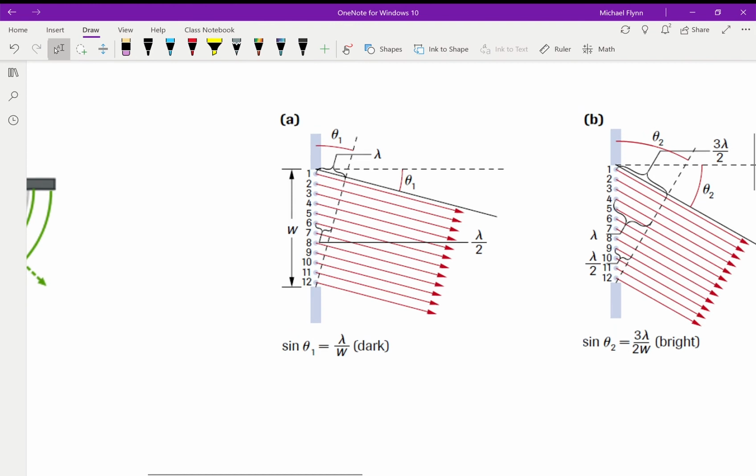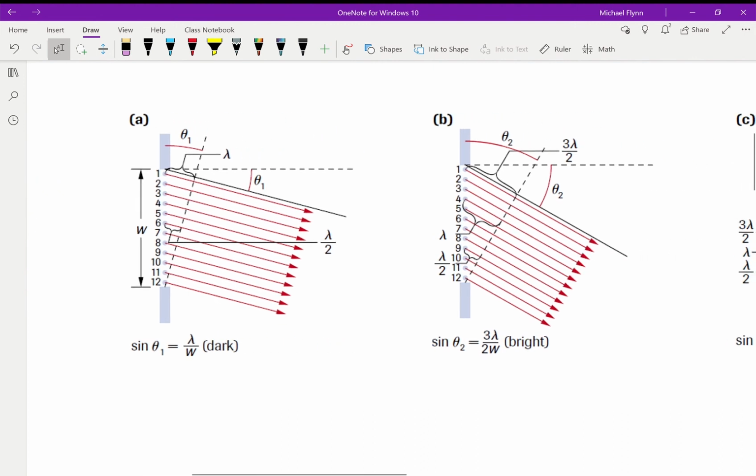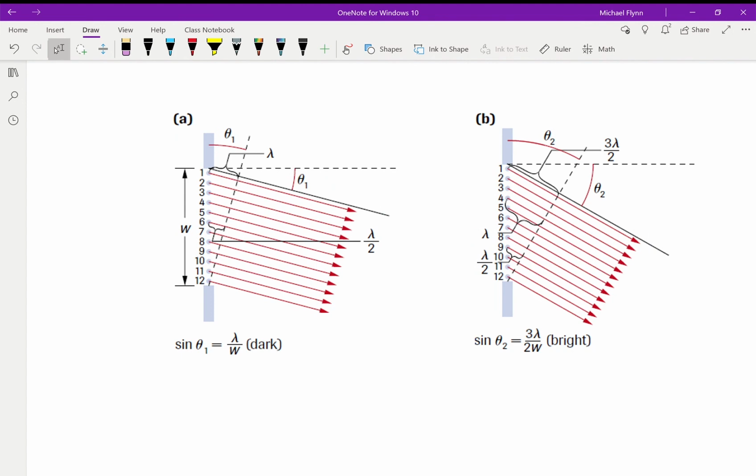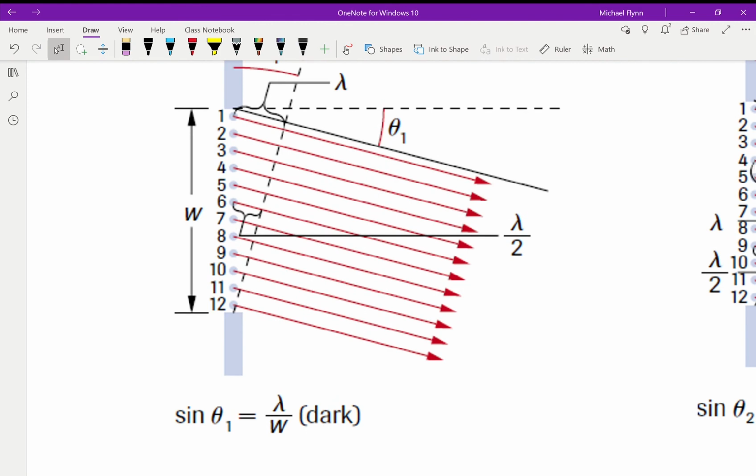Your book goes through this derivation, but I don't want to waste your time, okay? I personally spent a ton of time showing you the derivation of the double slit formula. If you're curious, go ahead and read the textbook, but let me give you the gist of it. The way it works is like this. Let's say we had 12 point sources. If I color in this one in red, and also number 6, one is from the top half and one is from the bottom half of the pattern.